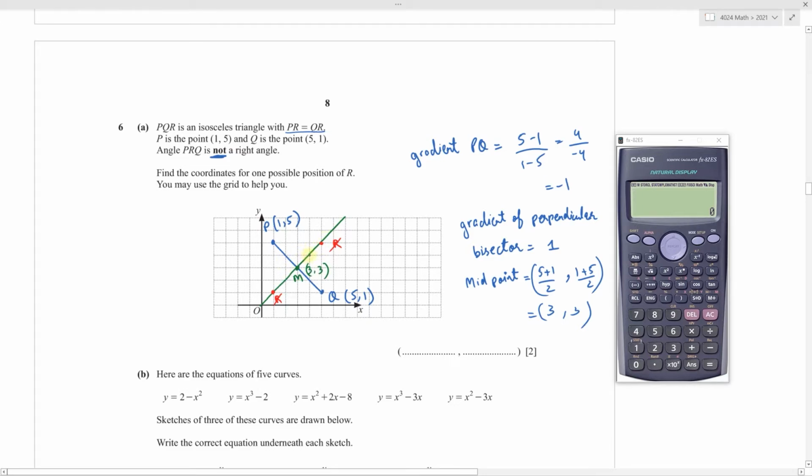So let's just say, let's take this here. This is 4 and 4, and this will be my triangle PRQ.